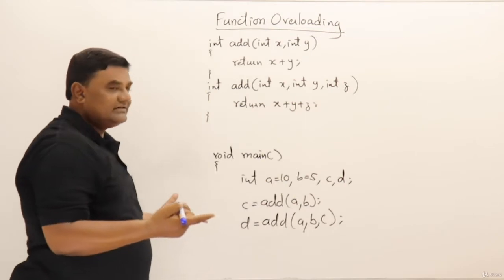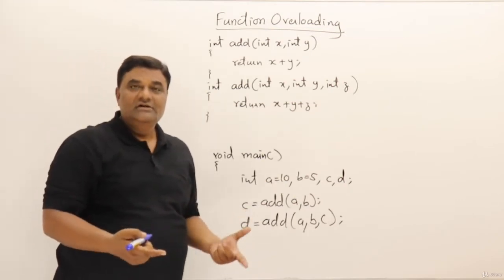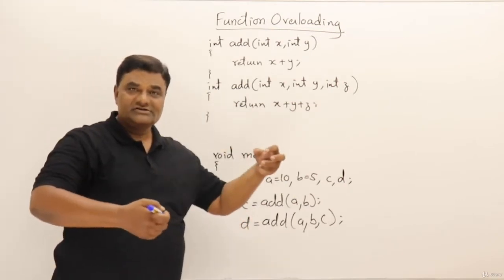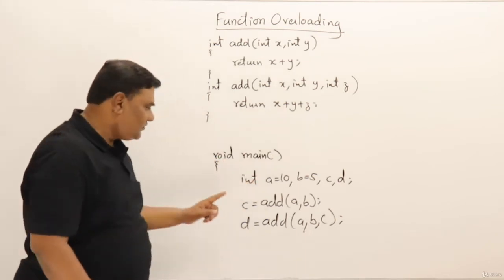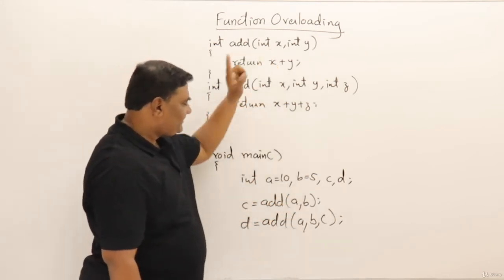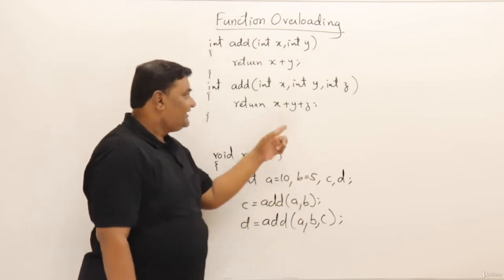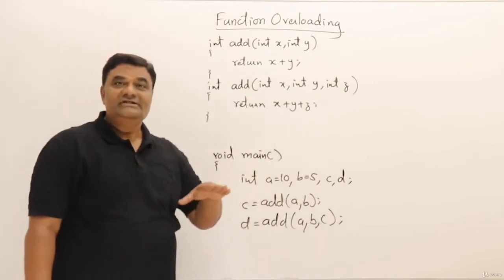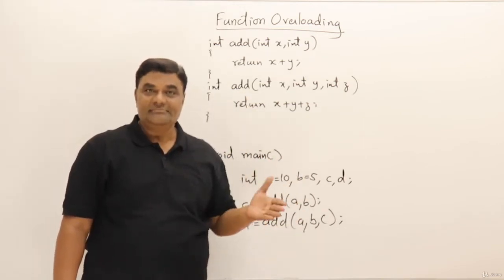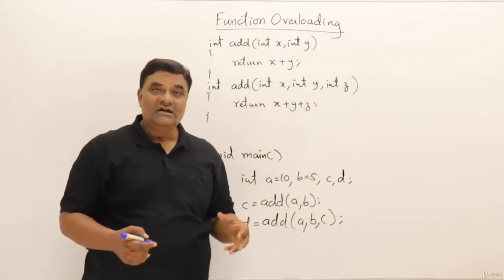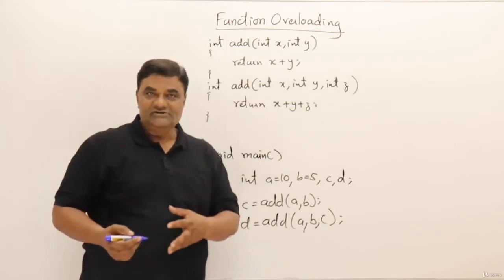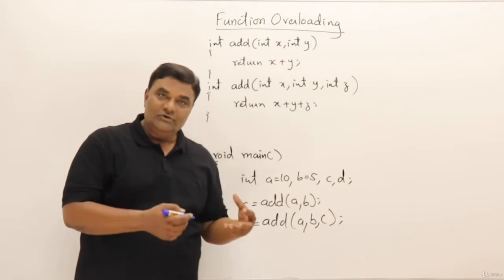Yes, they are different. These two functions are different. So you can have two different functions with different parameters. When you call this, it will be calling the first function. When you call this, it will be calling the second function. So the C++ compiler can differentiate between two functions. So this is called overloading of a function, that is function overloading.